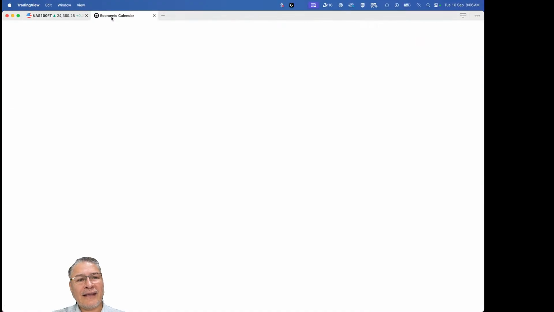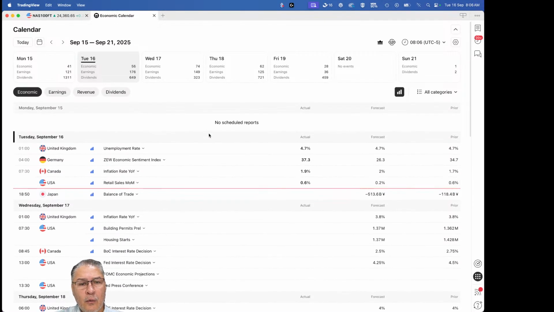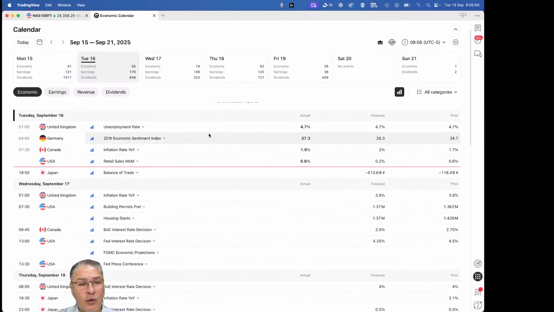Before that, let's take a look at the economic calendar real quick to see what we have in store for us today. Well, we received the unemployment rate in the UK, basically staying the same. For the US, retail sales month over month came in higher than the forecast.